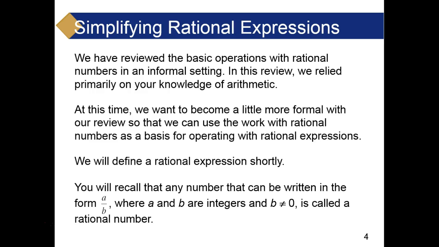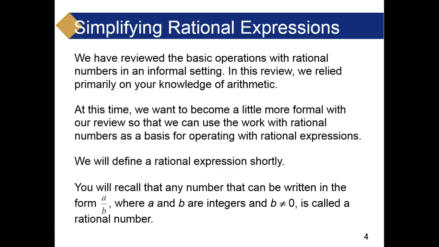Now, what are those numbers in a rational number? A ratio of 2 integers, with one pretty important but pretty small exception, and that is that the denominator cannot be 0.